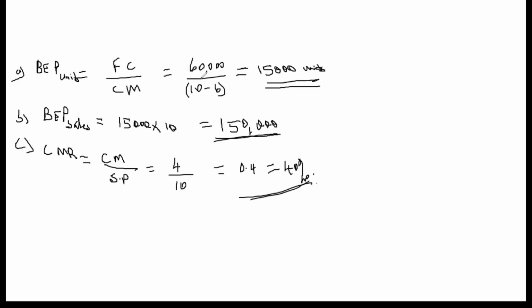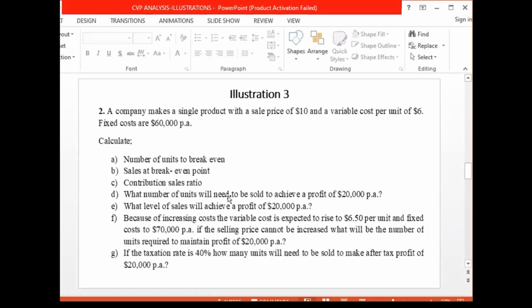D, what number of units will need to be sold to achieve a profit of 20,000?